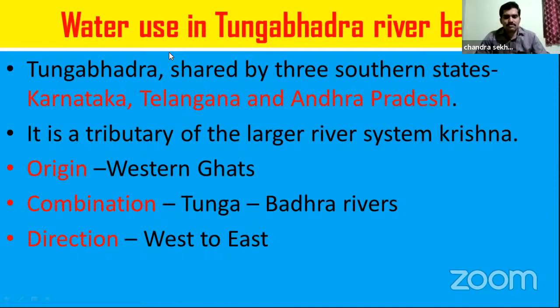That's why almost all peninsular rivers flow towards the east and join the Bay of Bengal. Only Narmada, Tapati, Luni and Sabarmati flow towards the west. The direction of the Tungabhadra river is west to east, and its origin is the Western Ghats.